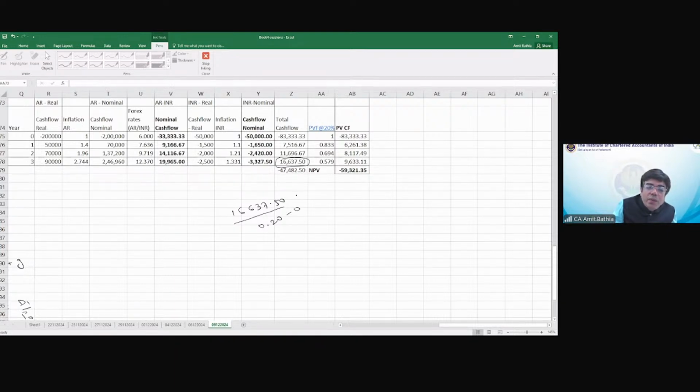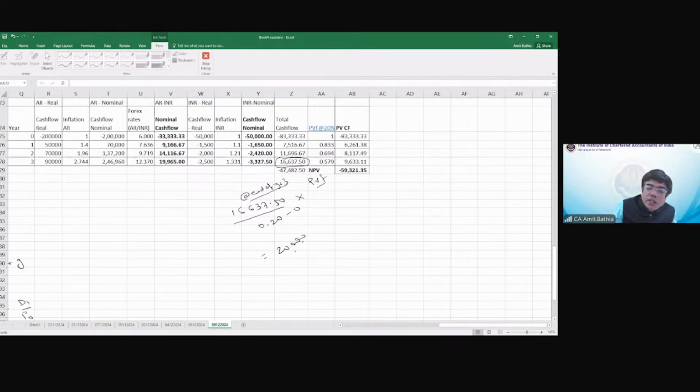So I will have to multiply this with which PV factor now? Because this is to be brought to current value, right? Say for example, just hypothetically, please pay attention, this is 20,000 at the end of year 3.